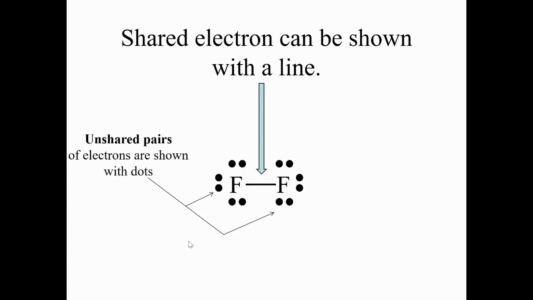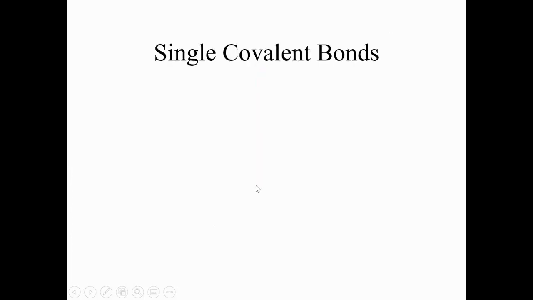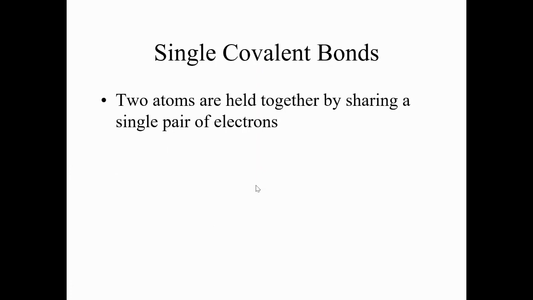So we've got the unshared pairs around the outside, and then the shared ones are in the middle. That, again, was a single covalent bond. Two atoms are held together by sharing a single pair of electrons.